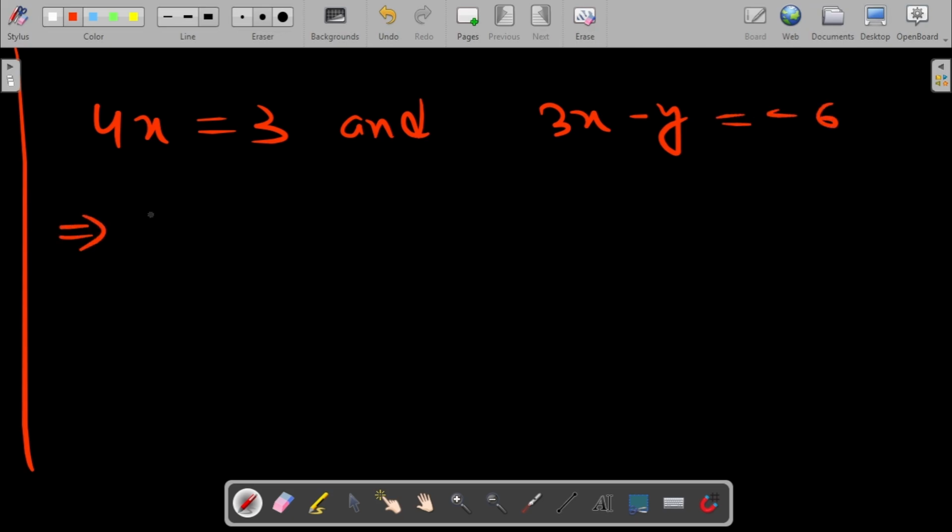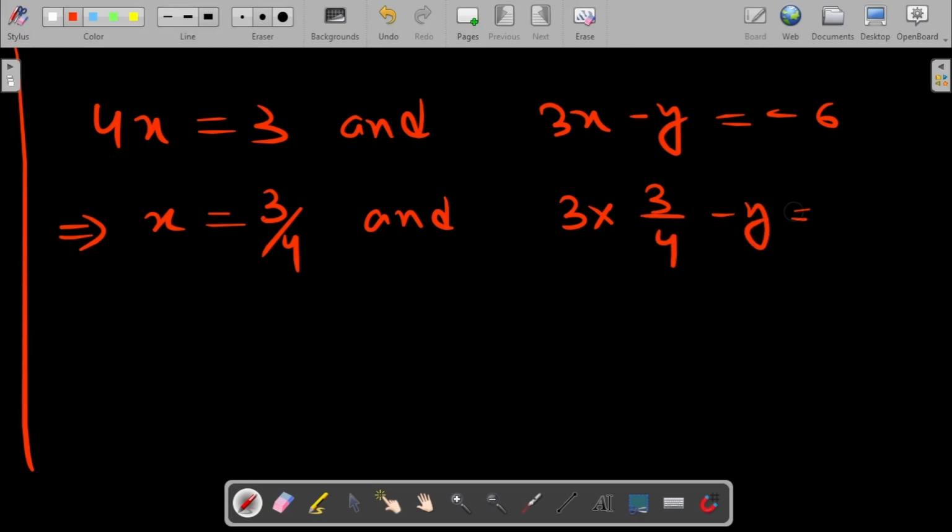So here x equals 3 by 4, and if I substitute x equal to 3 by 4 here, this gives 3 multiplied by 3 by 4 minus y equal to minus 6.